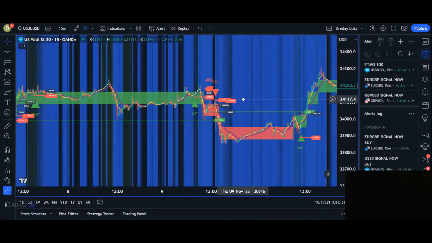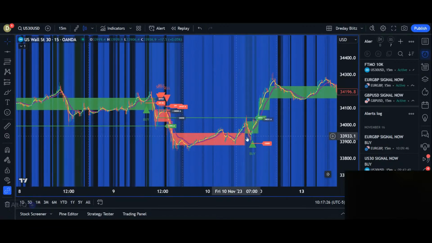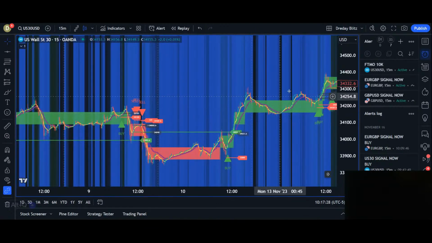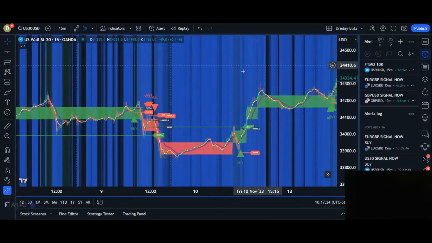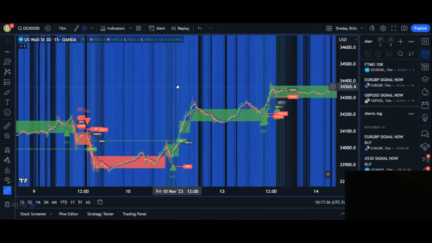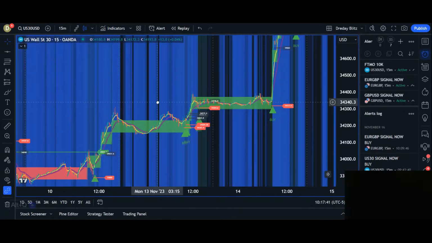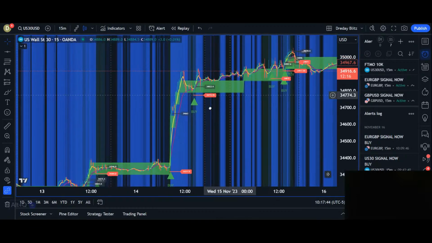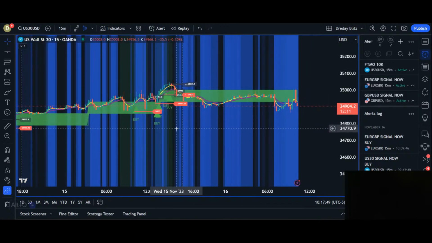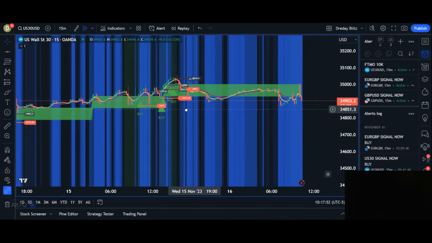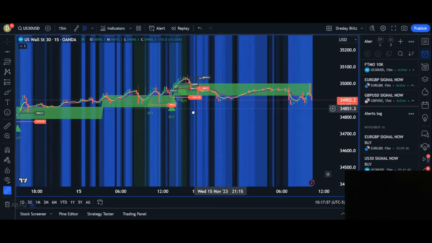So if your risk is really minimal and your losses are really minimal, but your wins are really big, you're still going to grow your account. Like here, you had 1, 2, 3, 4, 5, 6, even 7 trades on the upside.